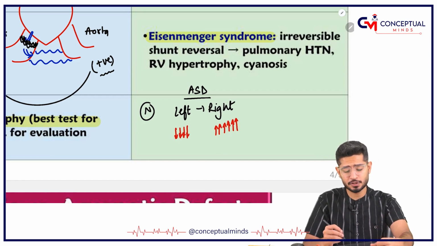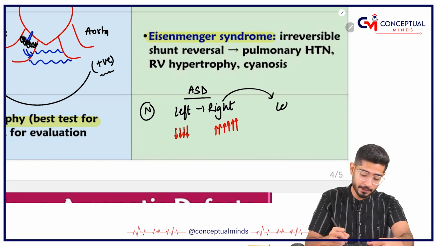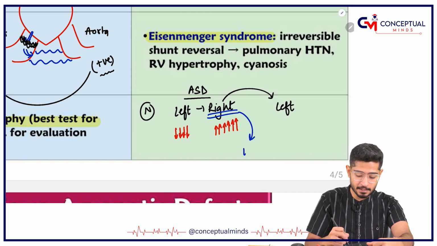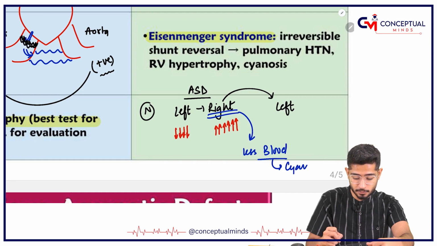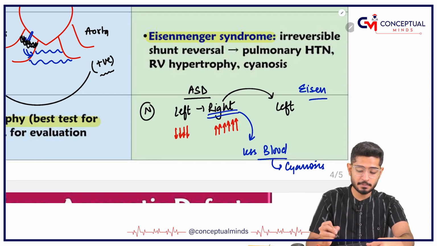Even if the musculature is strong, the circulation will be from the right side to the left side. And if the lungs are getting less blood, there will be cyanosis. This reversal of the shunt is called Eisenmengerization.